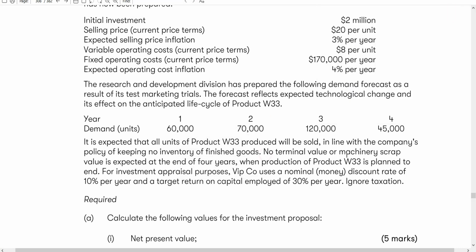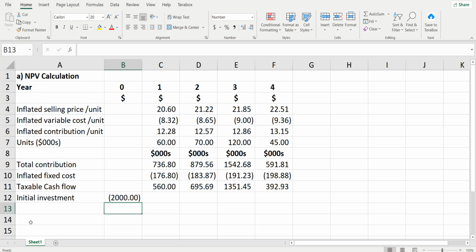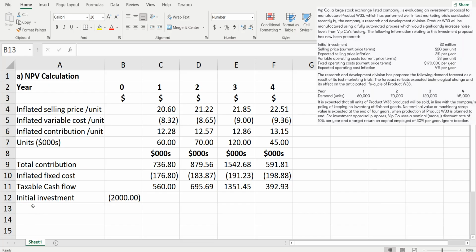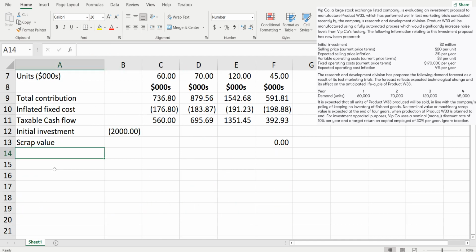Okay, found it: no terminal value or machinery scrap value at the end of 4 years. So even if there is no scrap value, we should still say there is no scrap value, so we should show the work. So scrap value of year 0 is 0. We have to show this, otherwise you will lose a mark, maybe half a mark.